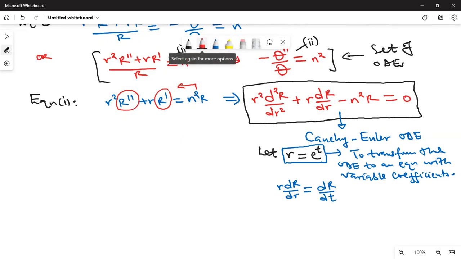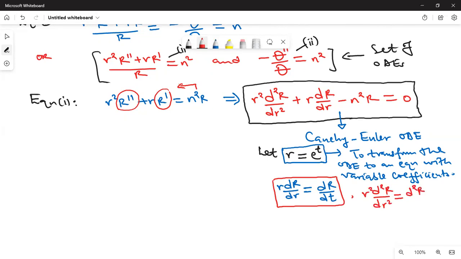That is how you'll transform the second term on the left hand side. And where we have r squared d squared r with respect to r squared, this should give us d squared r dt squared minus dr dt.